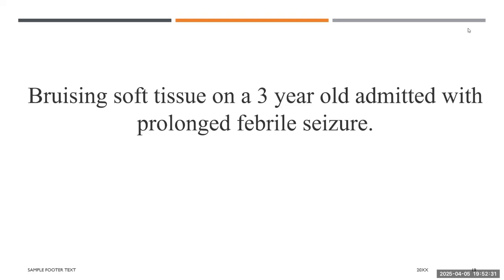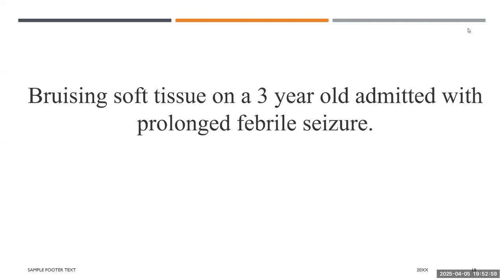But if I have this child, I will take a deeper history about this bruise: the location of the bruise, how long ago it happened, and then do a full examination of the child, take the background history of the family, involve the social services, have a phone call with them, and ask if they have any concern regarding this family before. Is the child brought to the hospital immediately after the prolonged seizure?